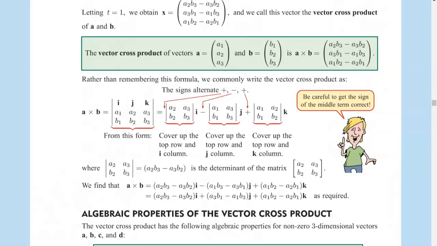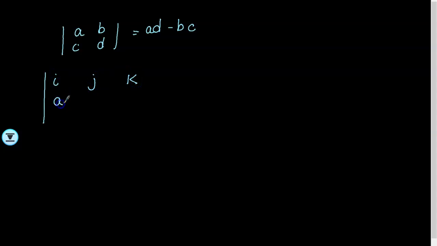So if you've got A, B, C, D, the determinant is represented by the straight lines, and that becomes just AD minus BC, correct? If I then want to find the determinant of a 3 by 3, I say I, J, K, and then A, B, C, D, E, F.